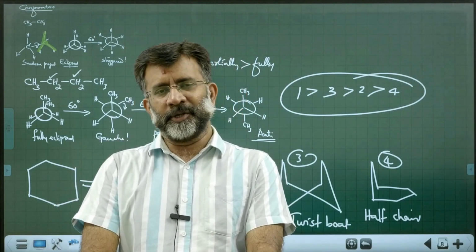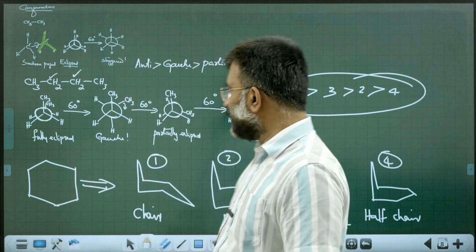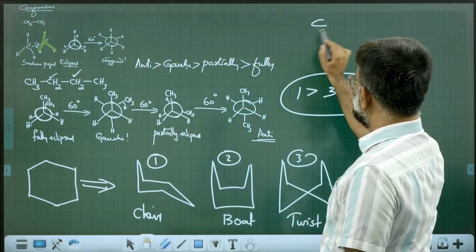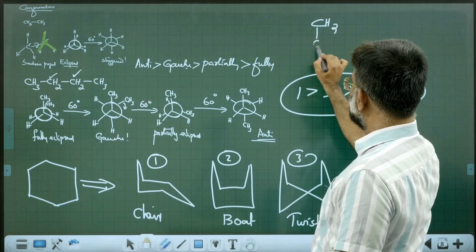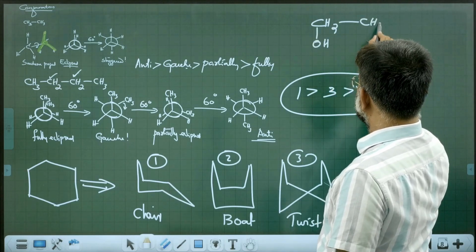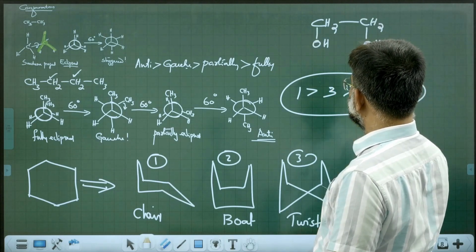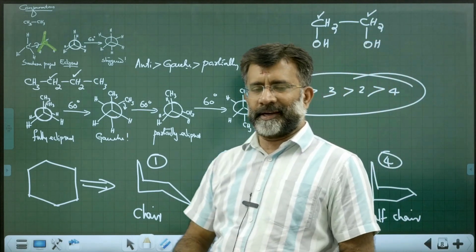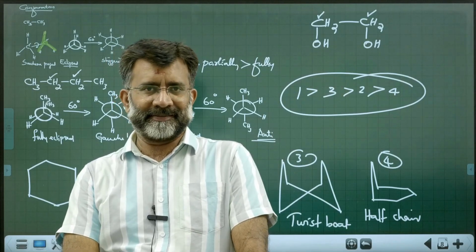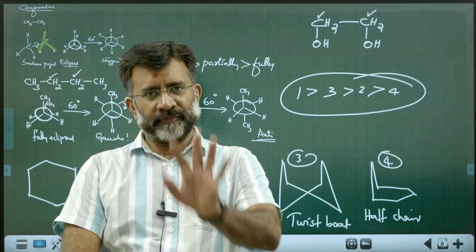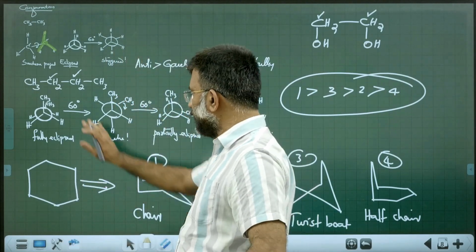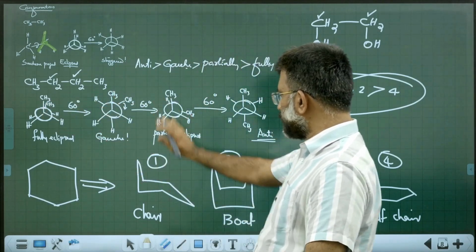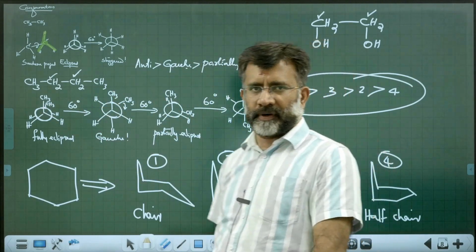And I wish you try yourself to draw the various conformations of ethylene glycol, CH2OH, CH2OH. This is ethylene glycol. Taking these 2 carbon atoms, you can try drawing 4 conformations: completely eclipsed, gauche, partially eclipsed, and anti-conformation.